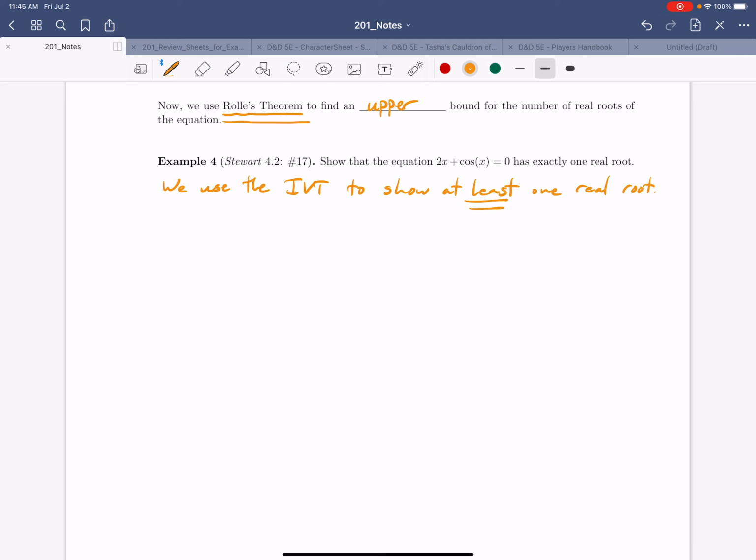So, first of all, let's note that let f of x equal 2x plus cosine of x. So, f is continuous and differentiable on negative infinity to infinity, and that means on all subintervals, okay?